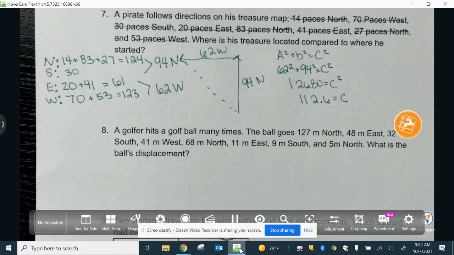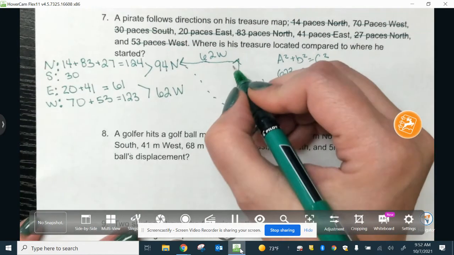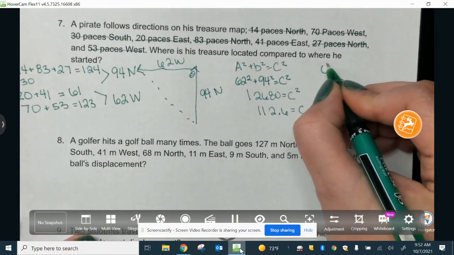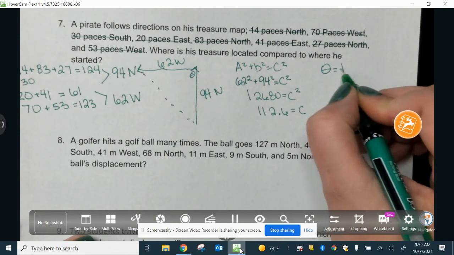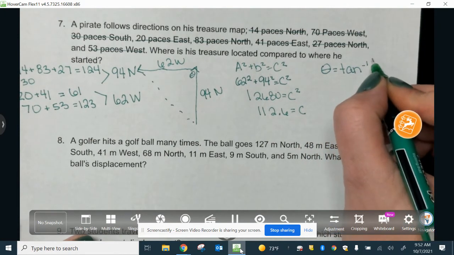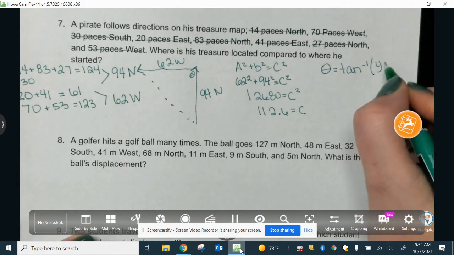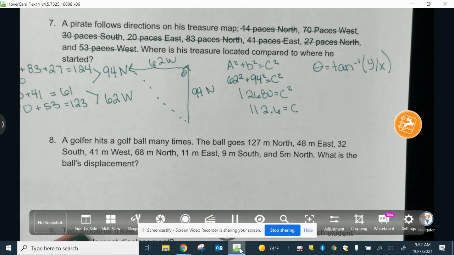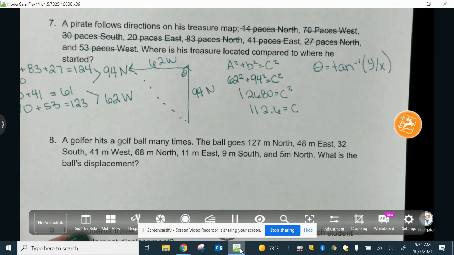Northwest at what degree? So now we have to find our angle. So we're finding like the a squared plus b squared plus c squared, and then we're putting it into the tan? Yep. Okay, to find that angle, the inverse tangent of y over x.